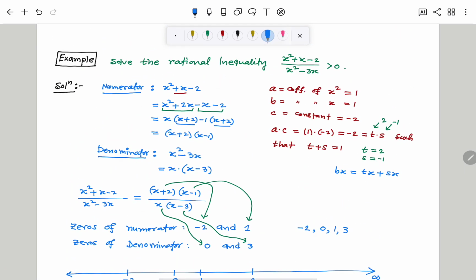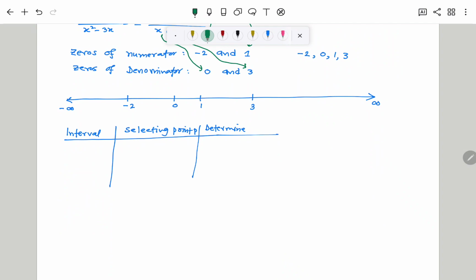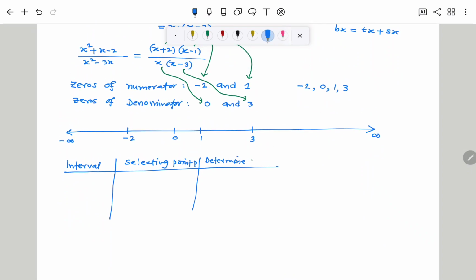Let's call this rational expression q(x), so we determine the sign of q at the selecting point p, and here the decision. Decision means whether we accept the interval or not.